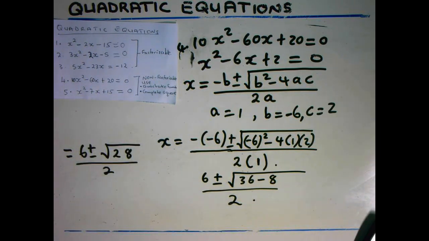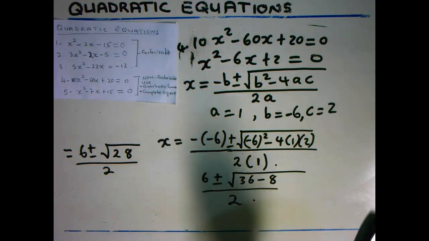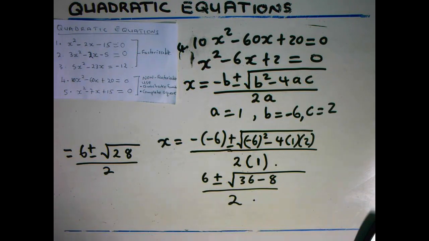Someone is saying, but we never got this answer when we used the method of completing the square. But I think we got the same answer, because the square root of 28 is the same as the square root of 7 times 4. When we have this 4, the square root of 4 is actually 2. So we can move that one out.